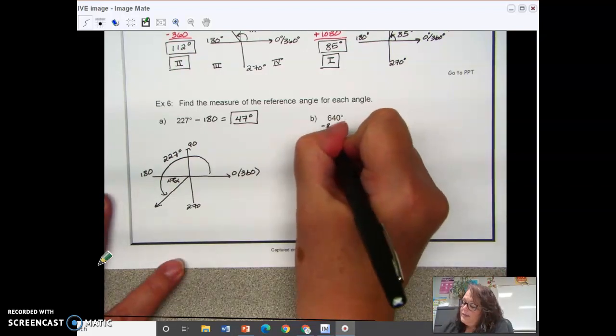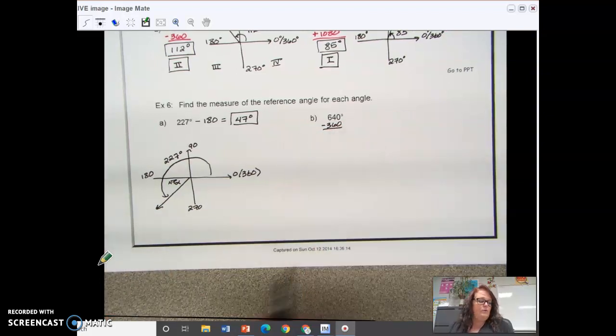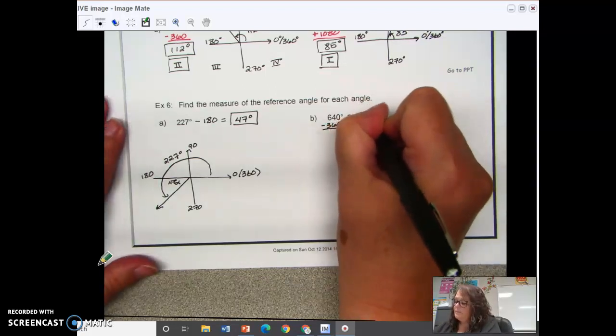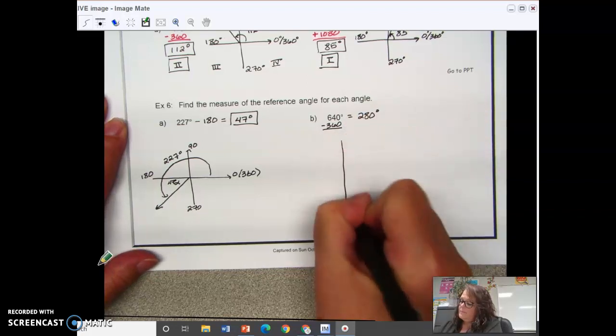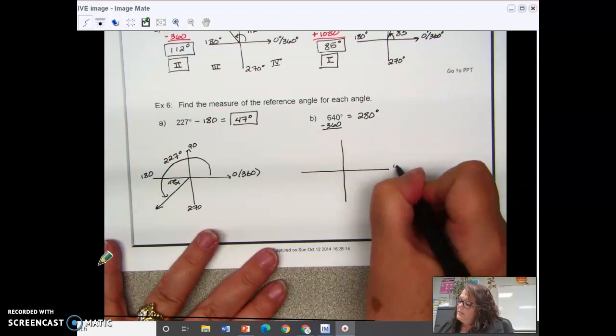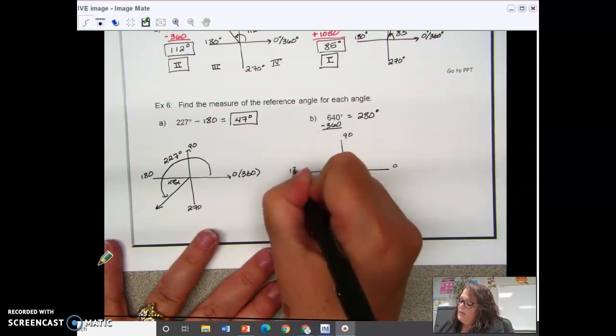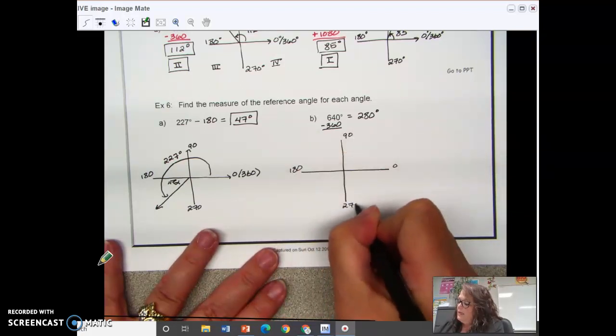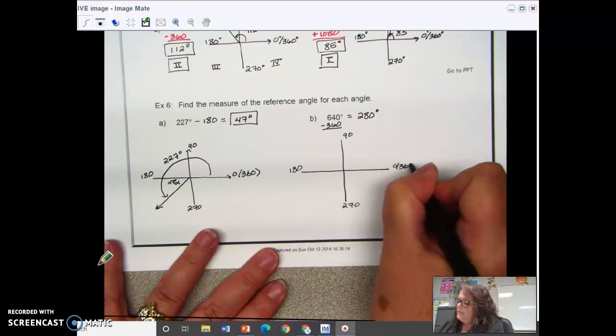So if we subtract 360 from that, let me grab my calculator, we'd get 640 minus 360, which gives us 280 degrees. So if I go ahead and do this, we've got 0, 90, 180, 270, and this comes back to 360 again.